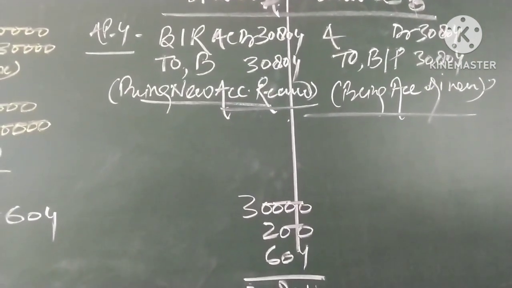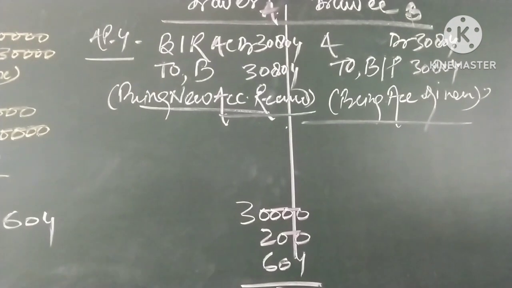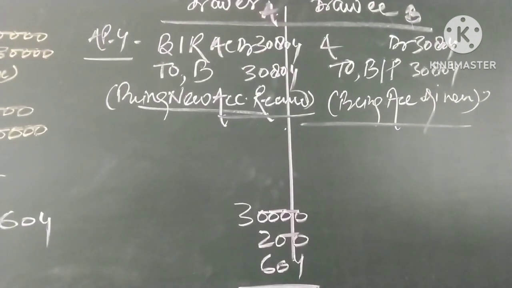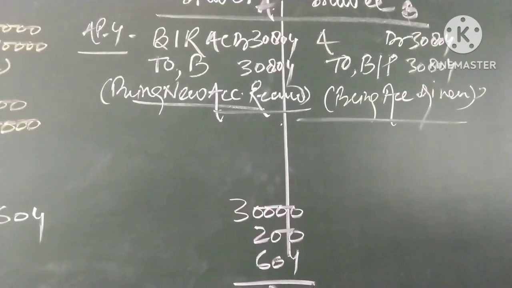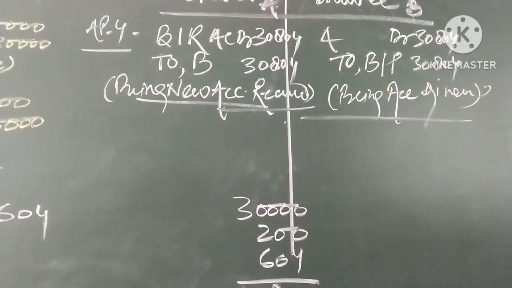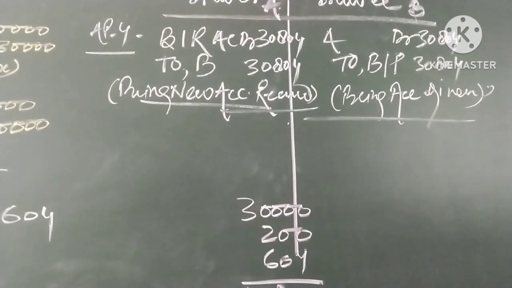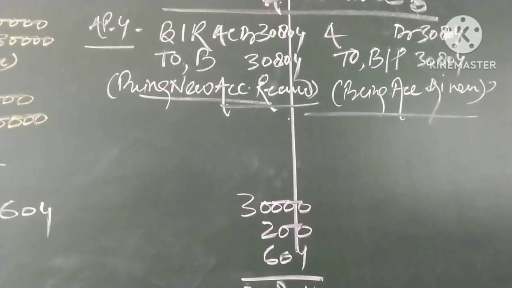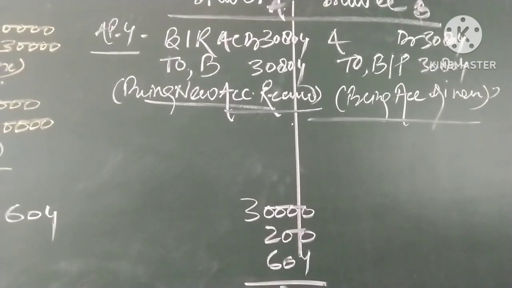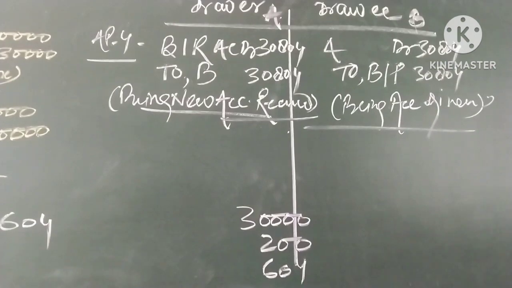The acceptance is received by Mr. A, and who has given the acceptance? Mr. B. So BR debit, B to Mr. B. So 30,000 the bill amount, 200 rupees for noting charges and 604 rupees for interest charge. So the total bill received by Mr. A is 30,804.